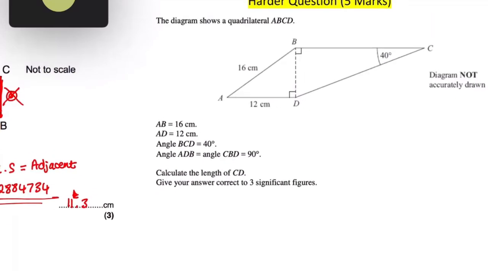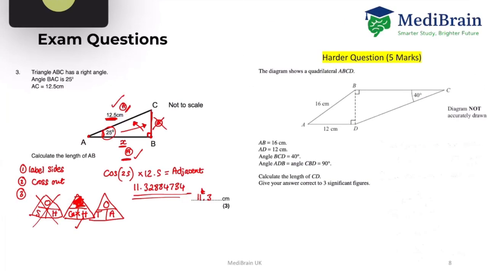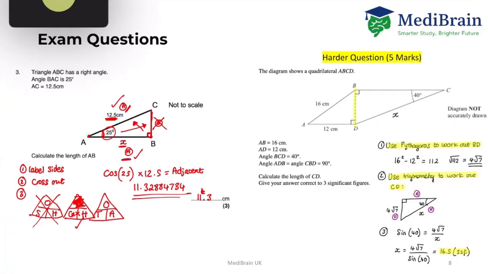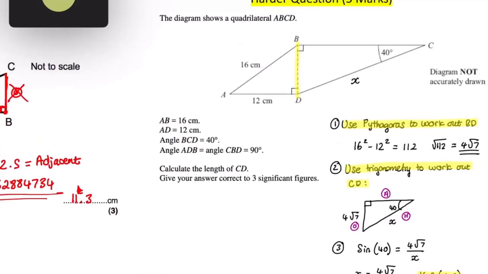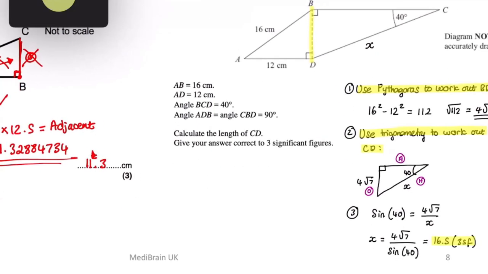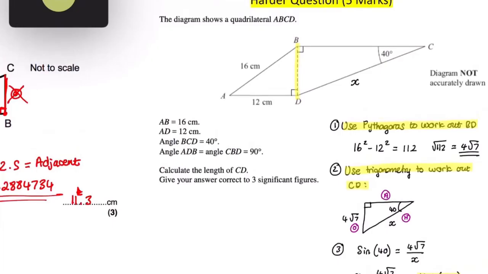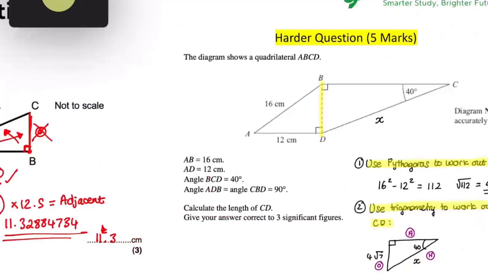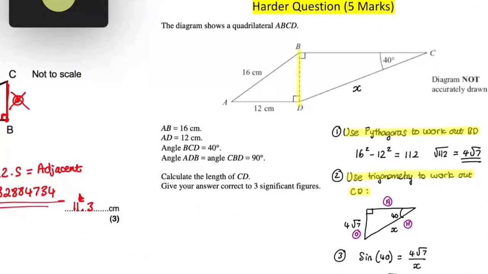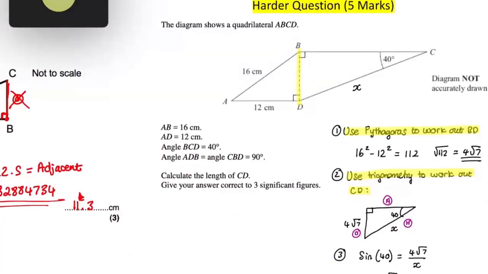The harder question, which was worth 5 marks, if I show you the mark scheme, the answer was 16.5 to 3 significant figures. So again, over here, to work out BD first, when you're given the length of two sides, 16 and 12, you need to use Pythagoras to work out BD first, because to use trigonometry, you need to know the length of at least one side and you need to know the angle.